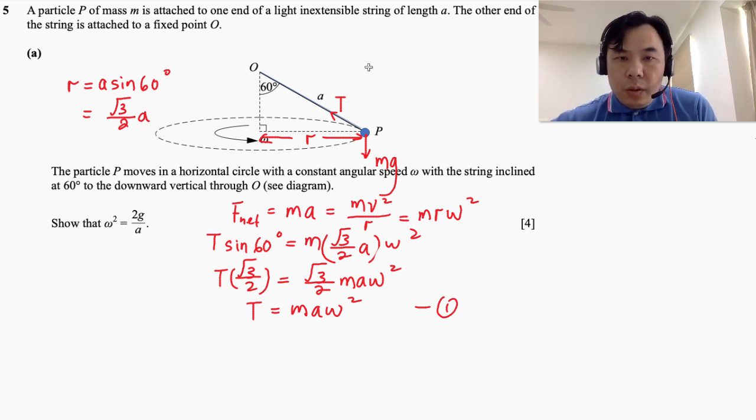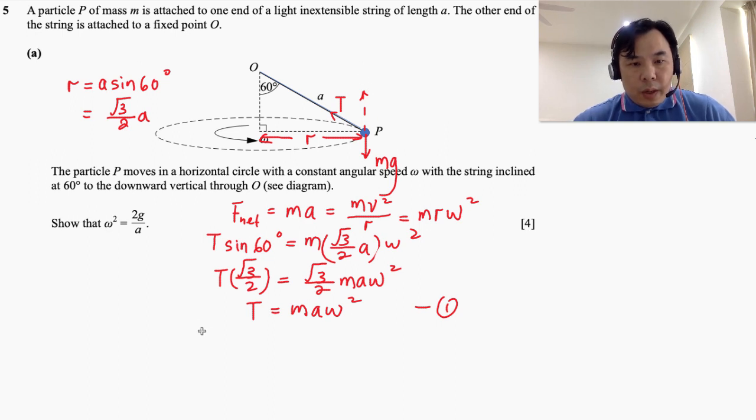We can also resolve the forces vertically. By considering the vertical component of the force, this part is the horizontal component. Therefore, we have T, and this angle must also be 60 degrees.